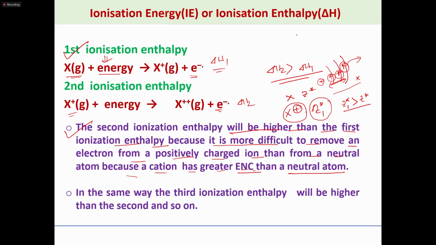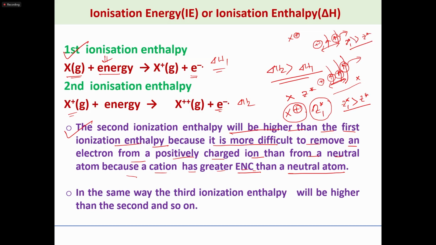But when it is X positive, that means we are now talking about that electron, we now want to remove that electron. So this electron is very close to the nucleus compared to that. So the effective nuclear charge on that electron will be higher than that one. That's why Z star 1 is greater than Z star.